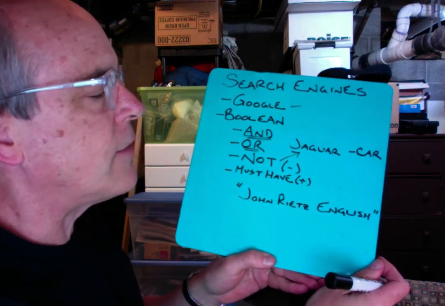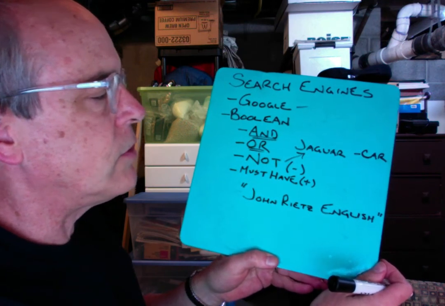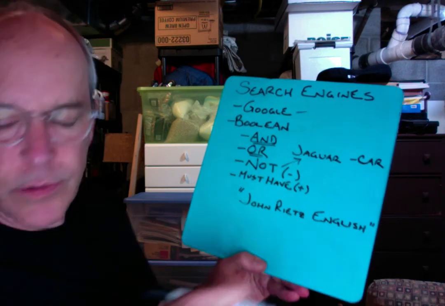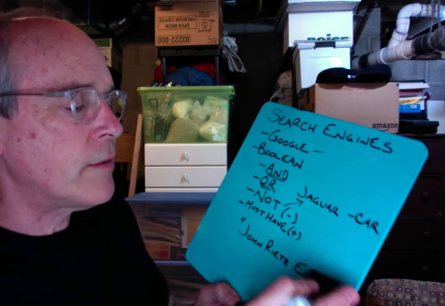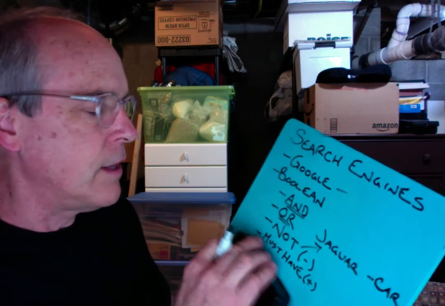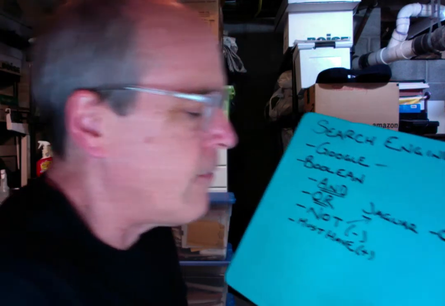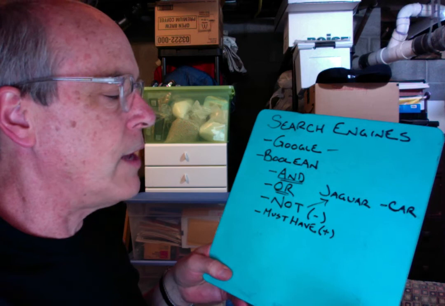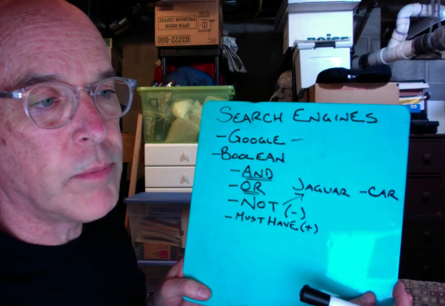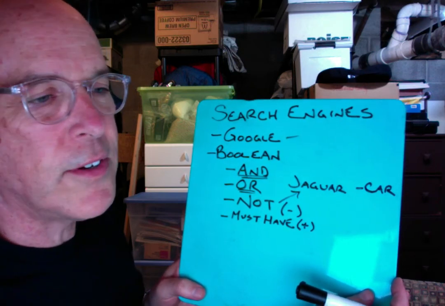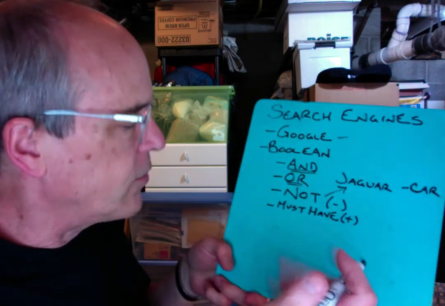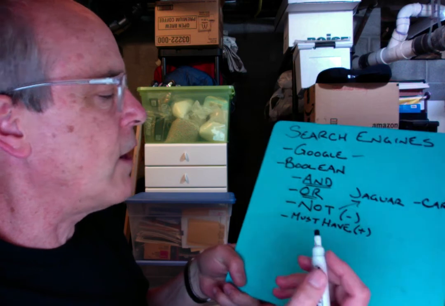There might be a website out there that says something like John Reitz English teacher, but probably it'll say, "Oh, we don't find anything with that exact string." Right? So putting quotes around something can help you. If you remember that there was a particular phrase that you saw and you want to find a site that has that particular phrase, or if say a student plagiarized a paper, then an instructor could take a suspicious sentence, put it in quotation marks, and send it off to Google, and it'll bring up the site that has that string of characters. All right.